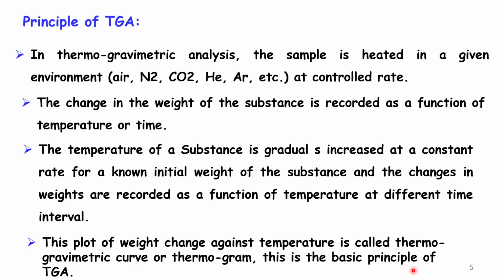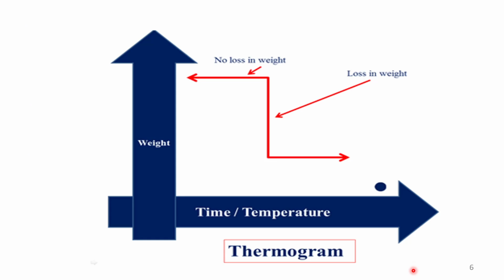The plot of the change in the weight against the temperature is called the thermogravimetric curve, the TGA curve or the thermogram, and this is the principle which is used in TGA.